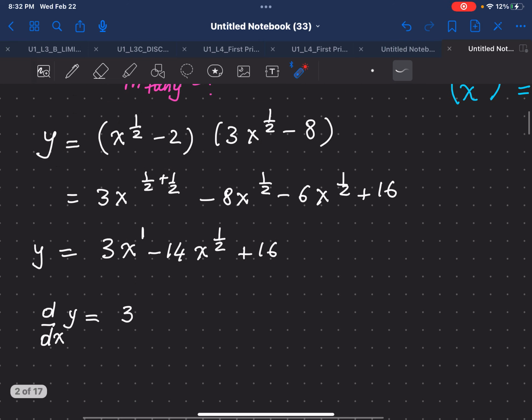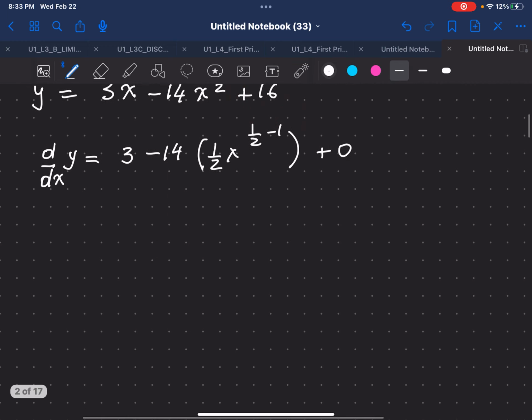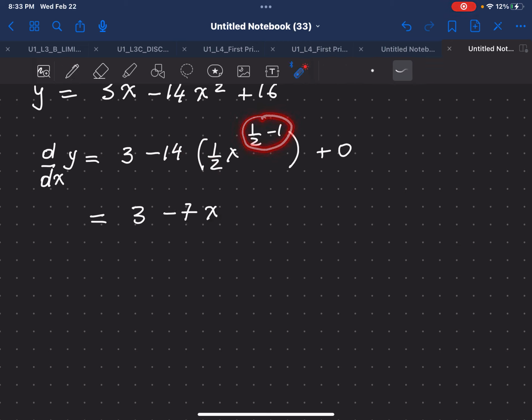So the number 14 will stay as is, so minus 14, and then 1 half x to the power of 1 over 2 minus 1. And lastly, we have the derivative of a constant, which is equal to 0. So we'll simplify this. We have 3, negative 14, and 2 will simplify to negative 7. We have x to the power of 1 over 2 minus 1, which is negative half, and then plus 0, obviously we don't have to write it.